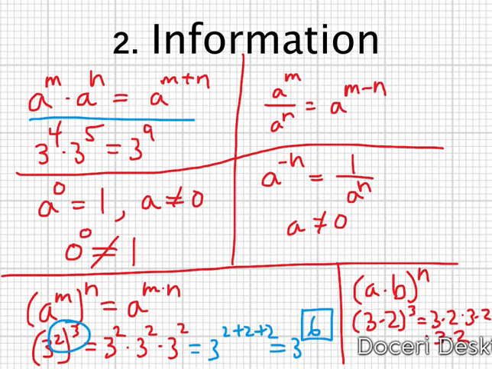Sorry, you can't really see that underneath the logo. But you'll notice I have 3 3s and 3 2s. So 3 to the third and 2 to the third, which I can rewrite generically as a to the n times b to the n.